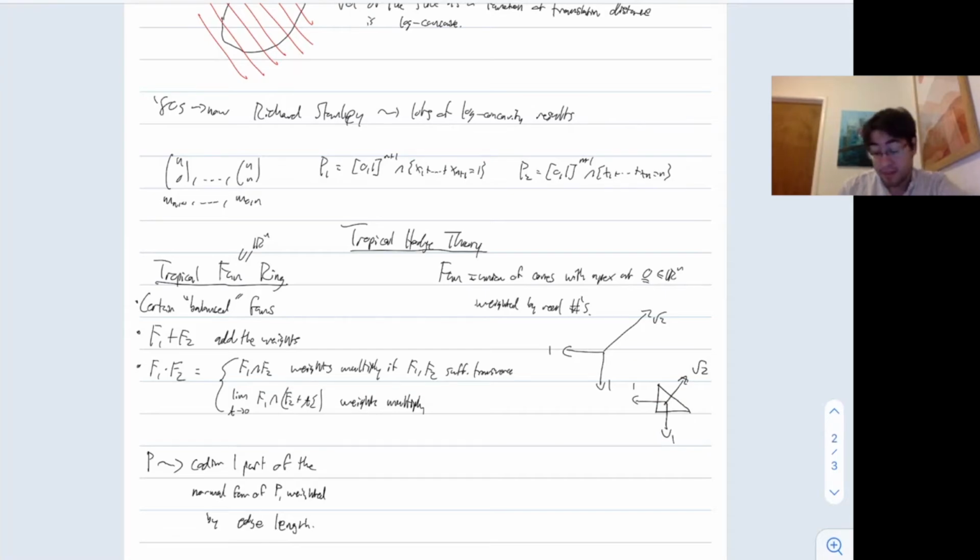Right. So the polytope gets this codimension 1 part of the normal fan, and what's very nice is that the kth power of the polytope gets the codimension k part of the normal fan of P weighted by k-face volume.